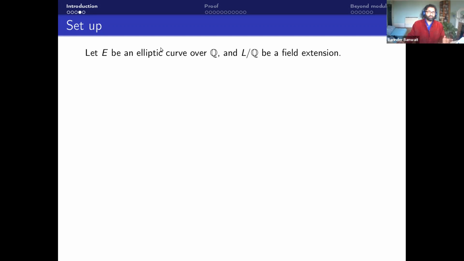So E is going to be an elliptic curve over Q. By the way, Dipendra, in the final section we will start thinking a little bit about what modularity might mean for a general base field. But for most of this talk, E is going to be defined over Q. And L is going to be an arbitrary field extension. It can even be the complex numbers here.